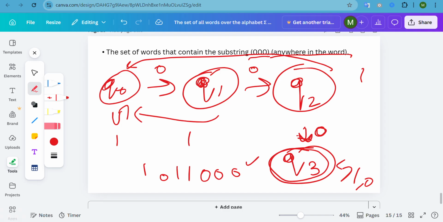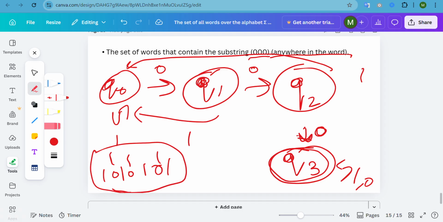So can I, generally speaking, make 1 0 1 0? Let's try to do that. 1 0 and okay, 0, 0. If the question wants to say that it contains the string of 3 zeros anywhere in the word, then let's see, 1 0 1 0 1 0 and then 1.